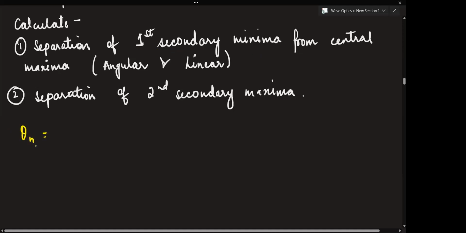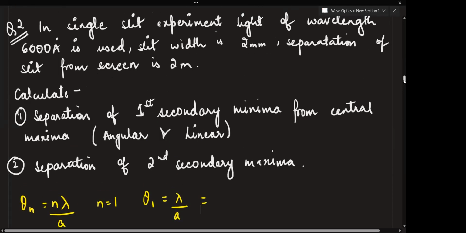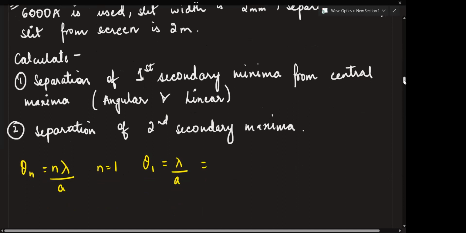So angular separation is what? n lambda by a. That's what we have seen. Now for the first one, let us put n equal to 1. So theta 1, that is angular separation for first secondary minima, will simply be lambda divided by a. Lambda, what is the wavelength given? 6000 angstrom. How do we convert angstrom into meters?